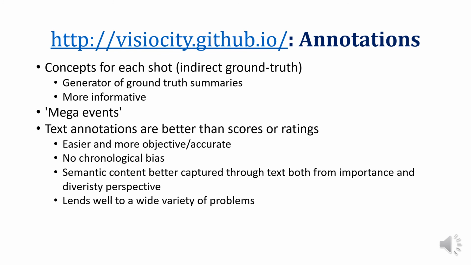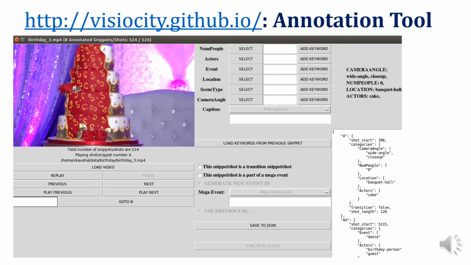So we wanted the process to be as less lossy as possible, as objective as possible, have no chronological bias, capturing of semantic content through both text from importance and also diversity perspective. And obviously we want to be able to address a variety of problems, which means a variety of evaluation measures.